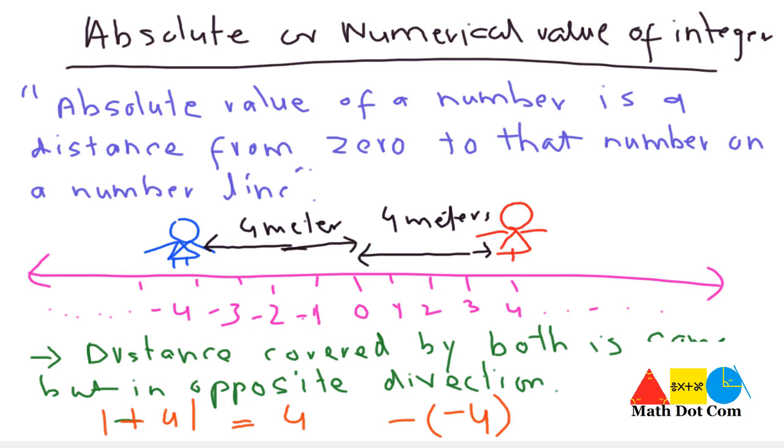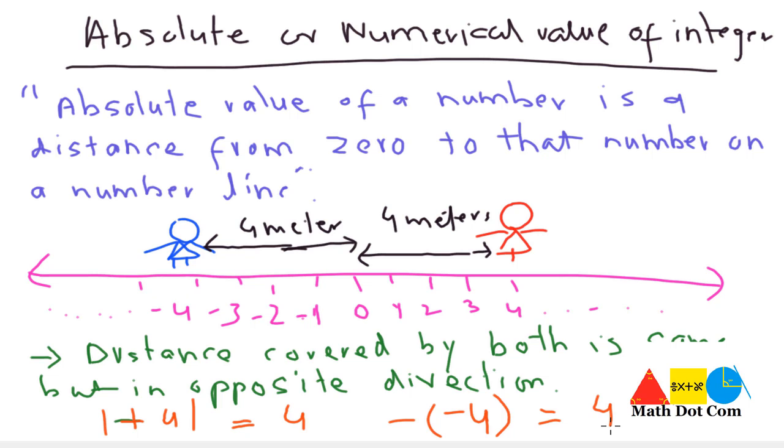That is the distance covered by blue. Okay, so we can write it as 4. That is the numerical value of -4. That is, the distance covered by blue is 4.